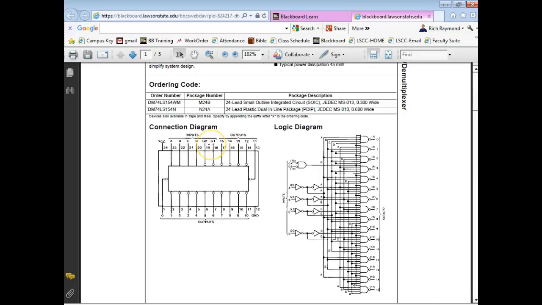What we're going to do is just bring one of them low. Let's bring the G2 low. What's that pin? So this is 12, 13, 14, 15, 16, 17, 18, 19.